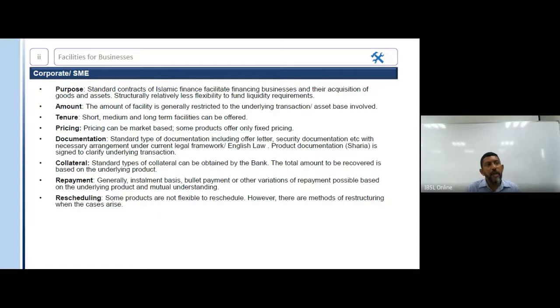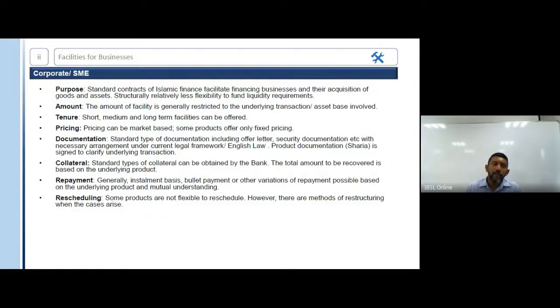As long as you are clear about the introduction, what is Islamic banking and what the principles involved are, the rest of the transactions, and why we are trying to link them to the real sector activities, will become more clear as we discuss the products.